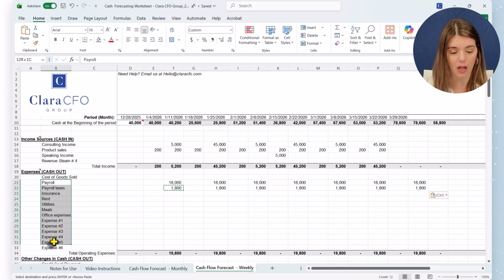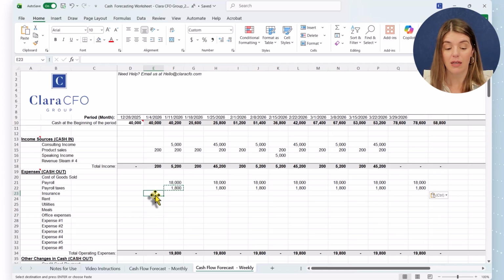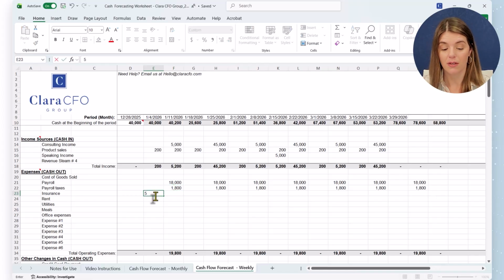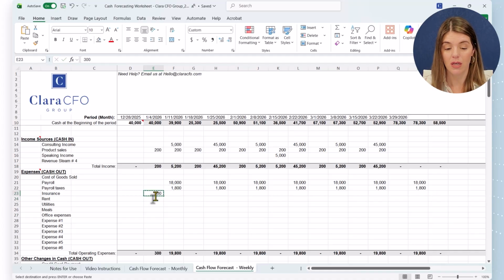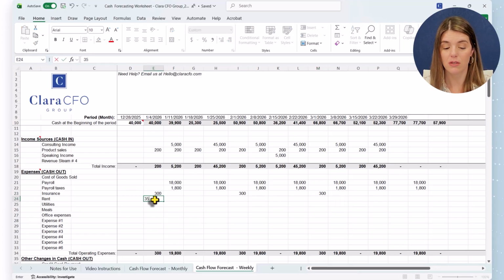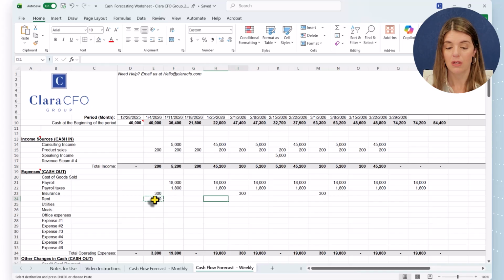You can change all of this over here on the side, customize it to what makes most sense for you. But let's say that insurance is paid closer to the first week of the month. Let's say it is $300 and it gets paid on the first of the month. Rent is also due on the first of the month, and your rent is $3,500.